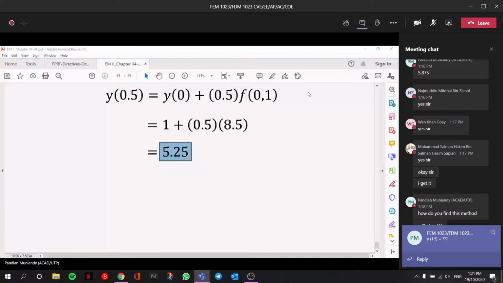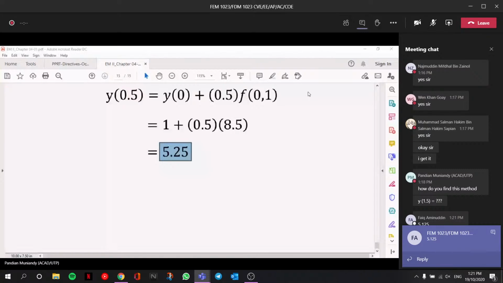Najmuddin here. So 1.5. Y at 1.5 equals to what? Equals to 5.875 plus h 0.5 f of 1.5, 5.875. Three decimal places.